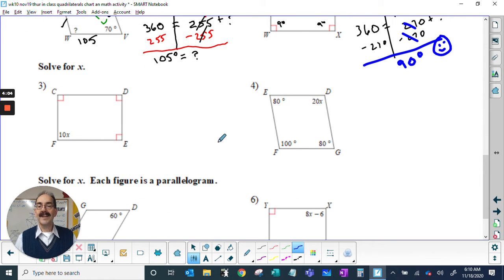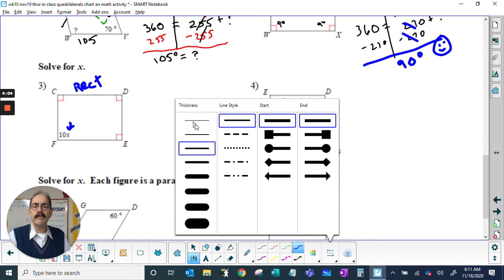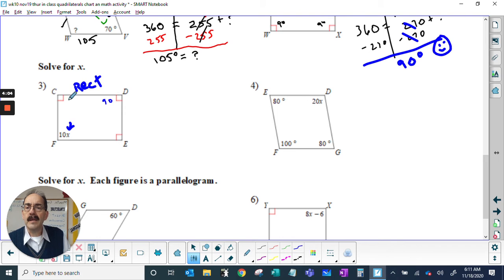All right. Now we're going to complicate it a little bit. This time it says x times 10. Well, I know that it must be a rectangle, and if it's a rectangle, then these all must be 90. So don't let the math bother you.